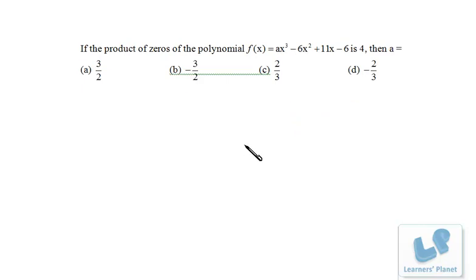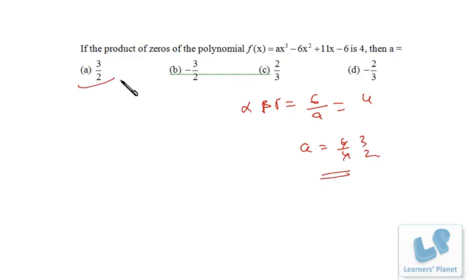Now if the product of zeros is 4, then the product of zeros, alpha beta gamma, is minus d by a, so here it will be 6 by a and that's 4, so a is equal to 6 by 4, that's 3 by 2, right?